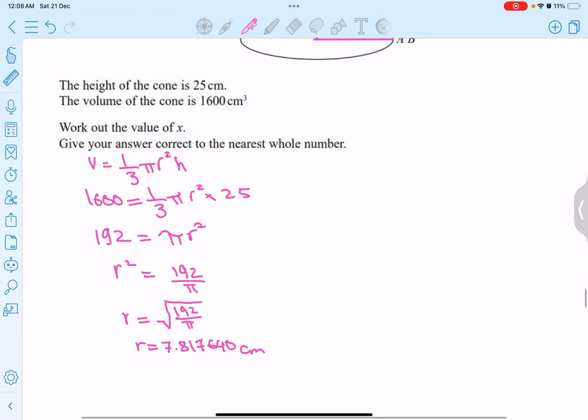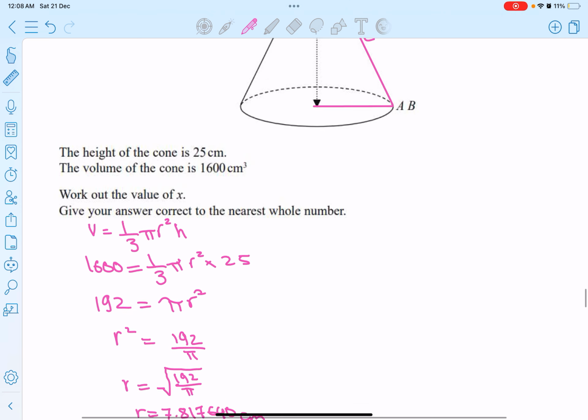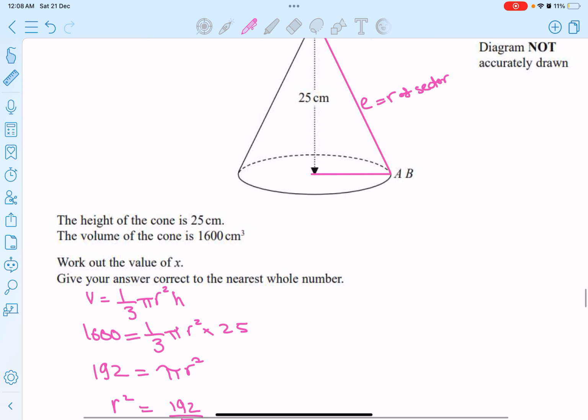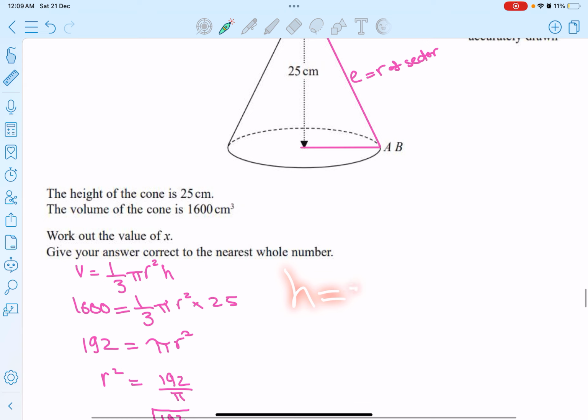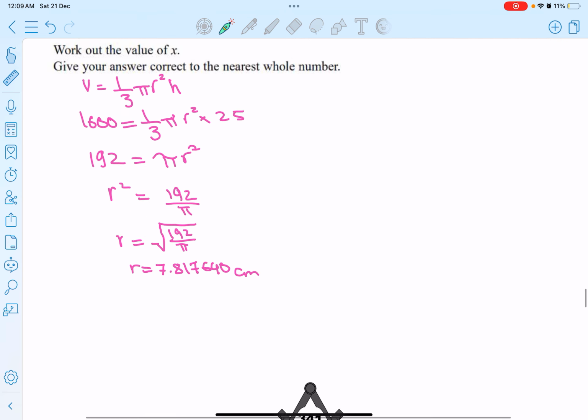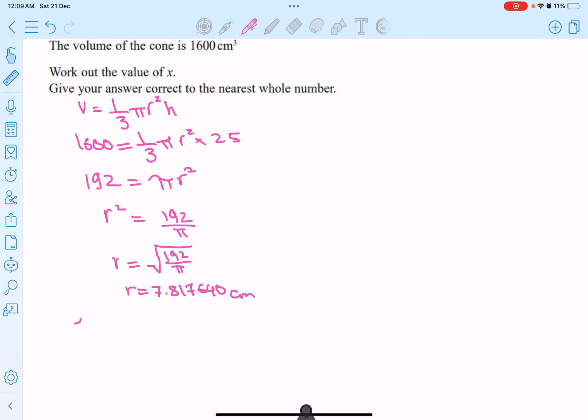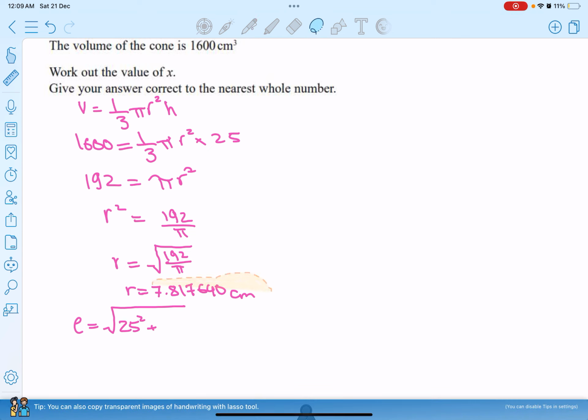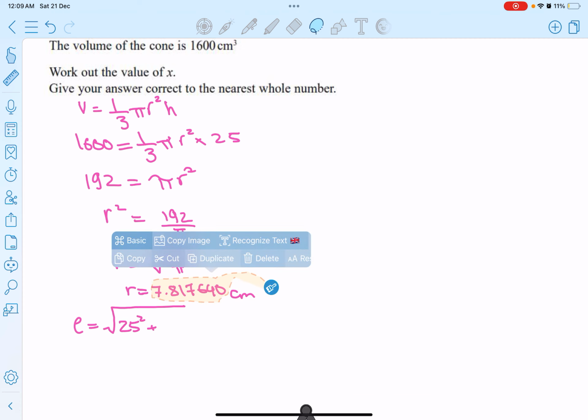To get the slant height, I'm going to use Pythagoras. The hypotenuse is equal to the square root of the squares of both sides added, this side and this side. So L is going to be 25 squared plus this number squared.